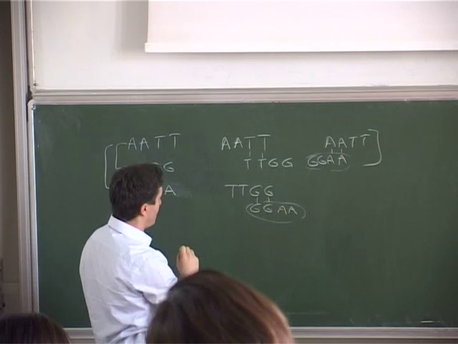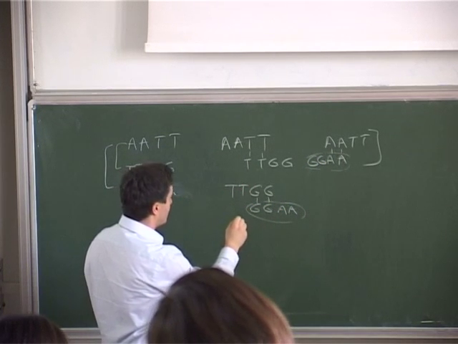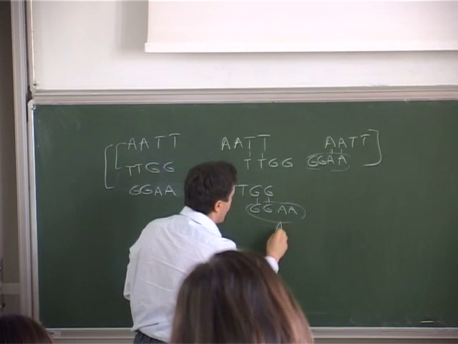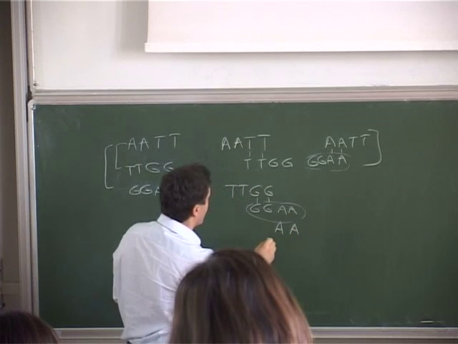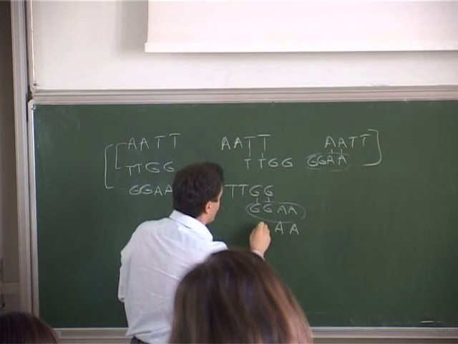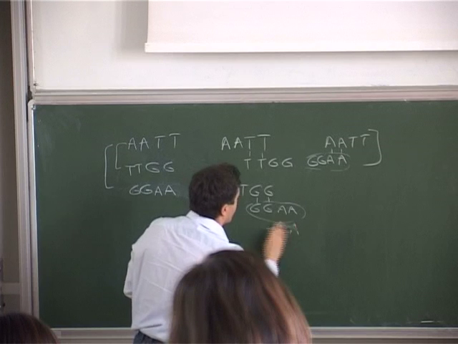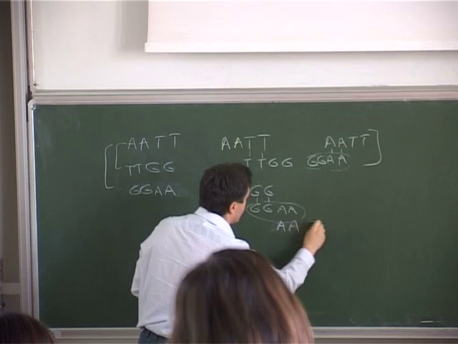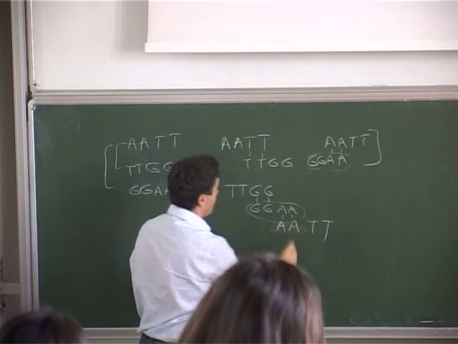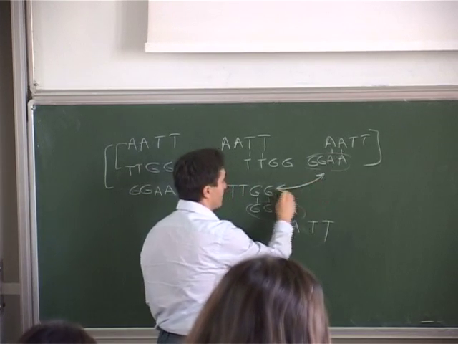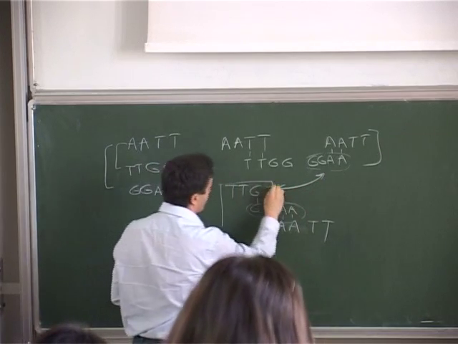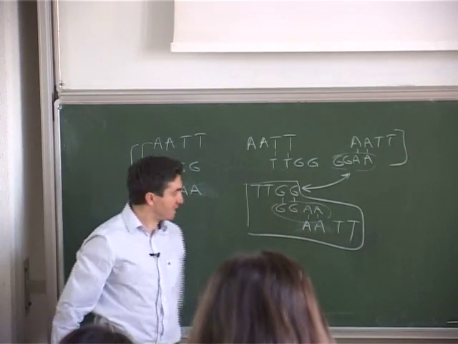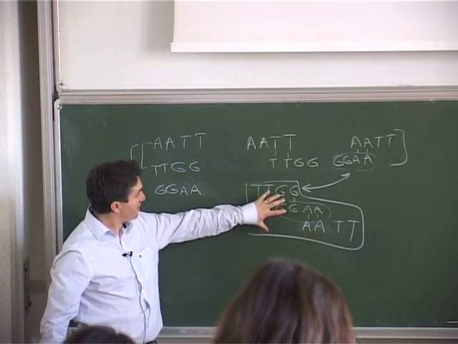If we align this to each other, these AAs are aligned with each other, like this, and GG, sorry, this is AAGG. AATT, right? So if you combine these two alignments, this is what you're going to get: TTGG, GGAA, AATT.